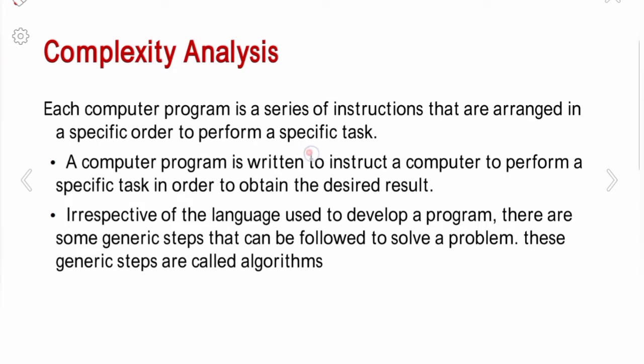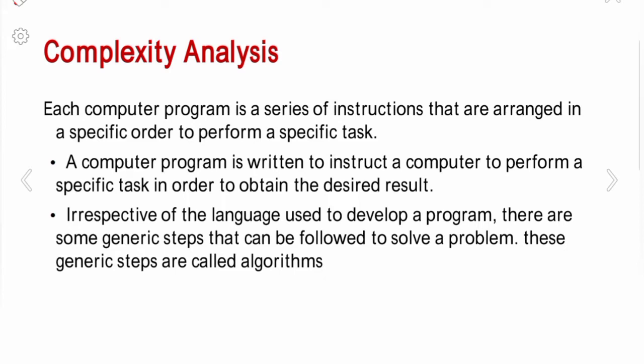So a computer will be having some set of instructions to do a particular task. So the program is written to instruct the computer to perform a specific task in order to obtain a desired result. Okay, so if you want to do a particular task, based on that, some instructions are written and given to the computer. For example, I want to take a printout of the document.